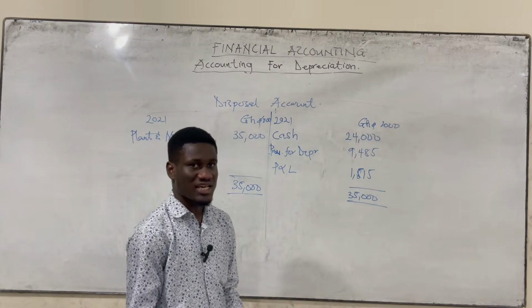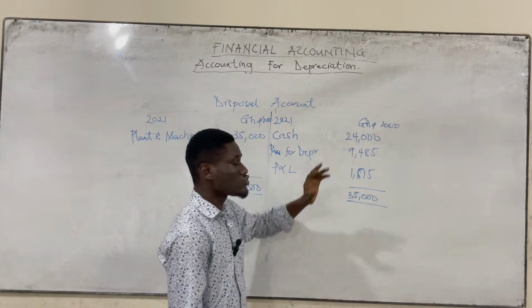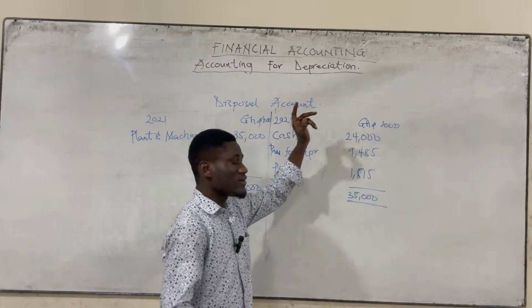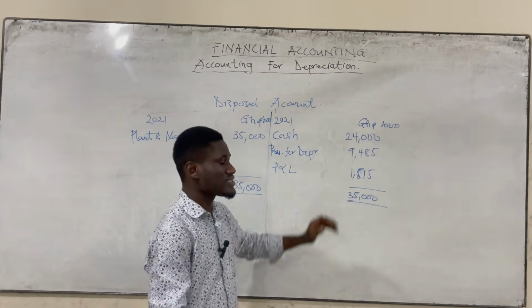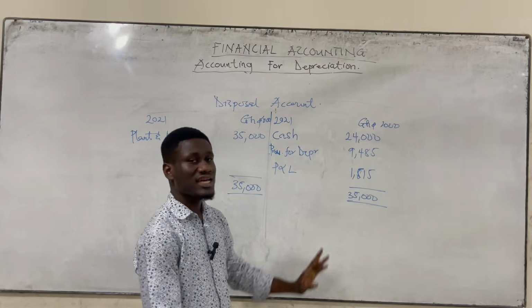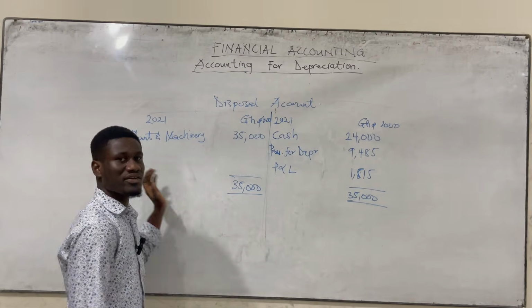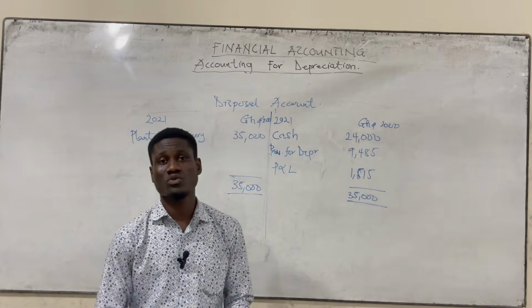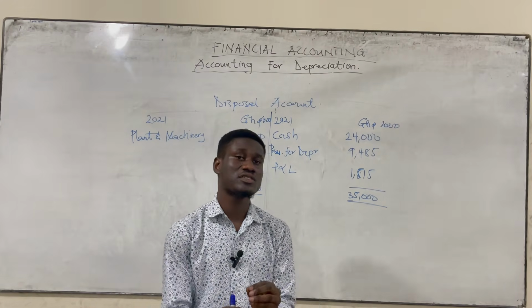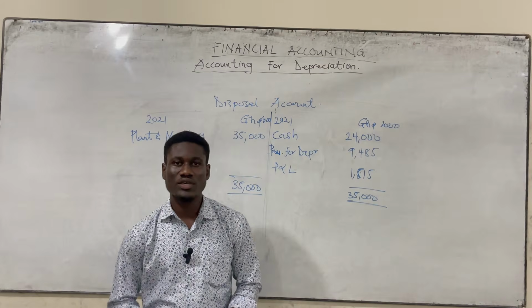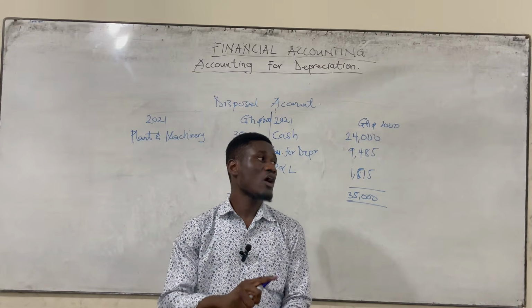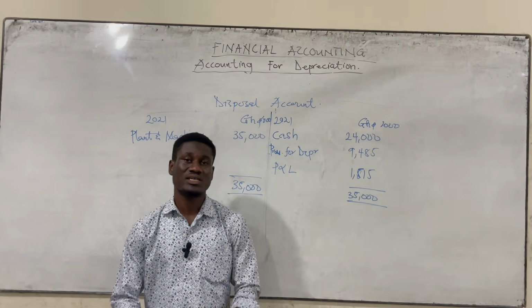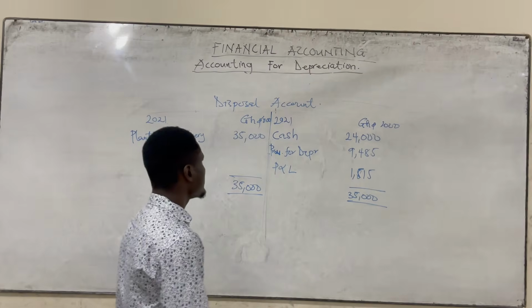For this question, there was a balance brought forward as at the year 2021. So we brought it, that was the provision for depreciation. Then we added our yearly depreciation. Then on the other side, we are going to record the accumulated depreciation of the asset sold. The accumulated depreciation of that asset sold was 9,485.